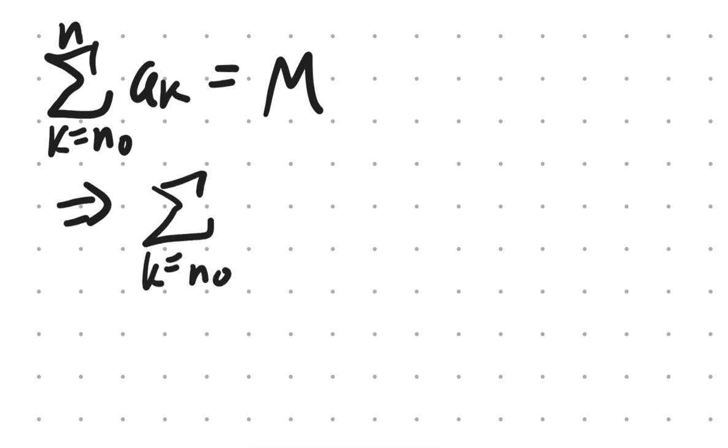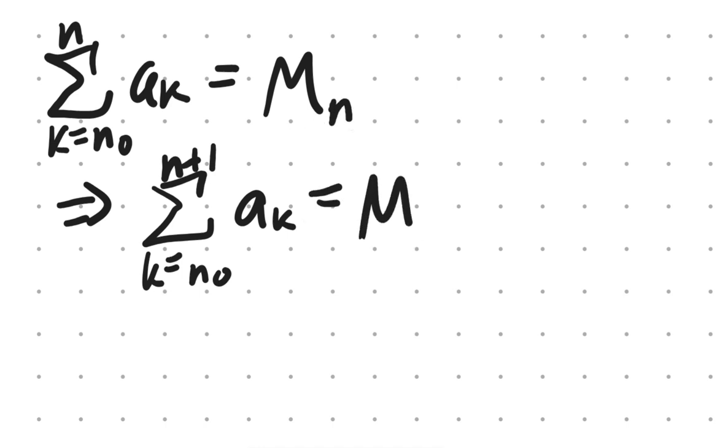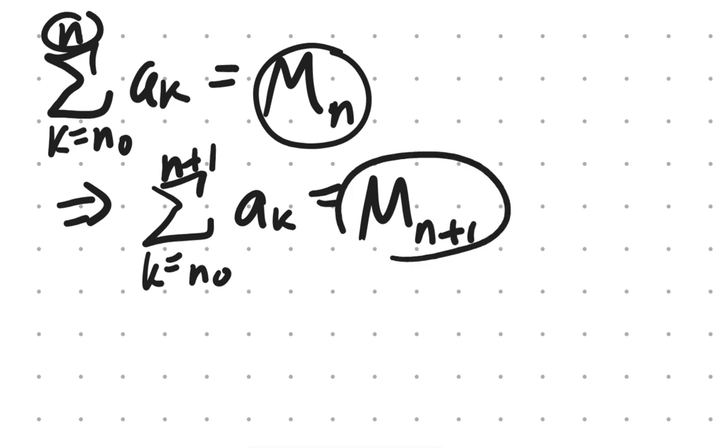Since the natural numbers go on forever, it will work for any n plus 1, which means the right-hand side will be m_n for n and m_(n+1) for n plus 1.